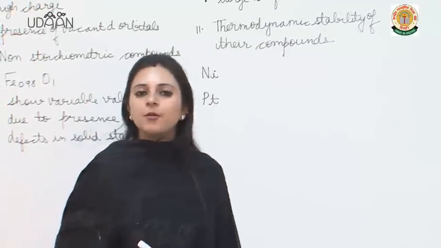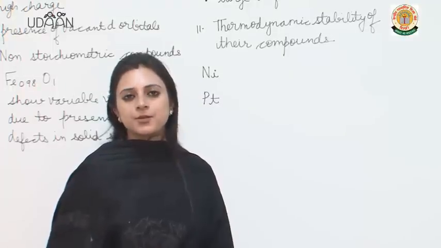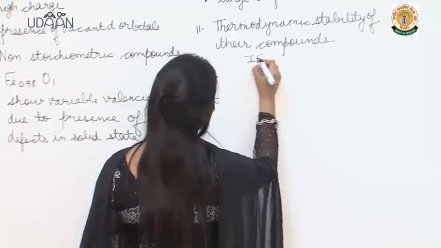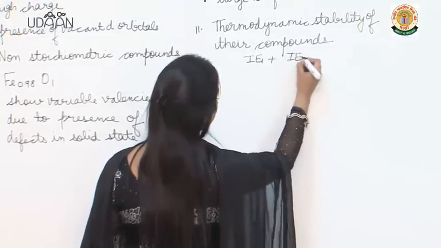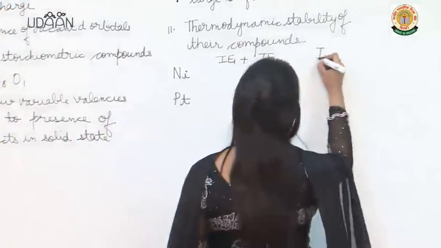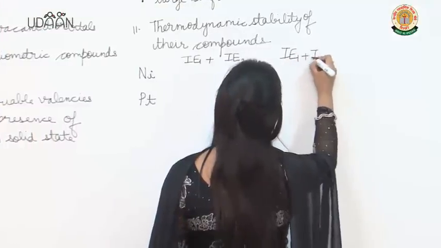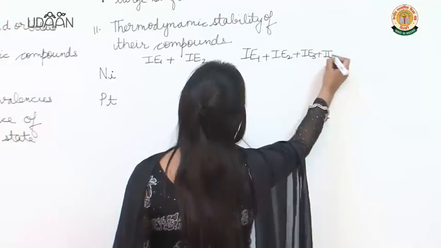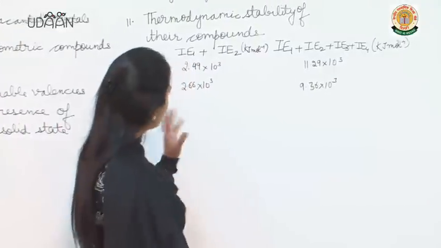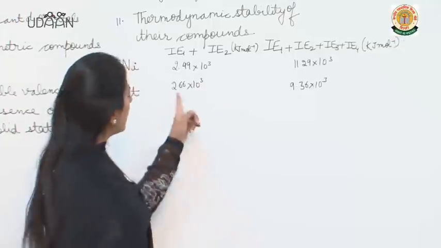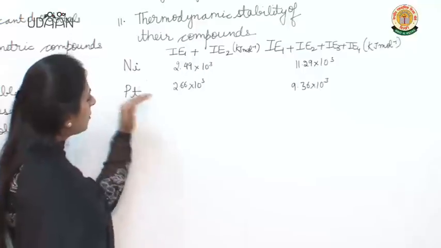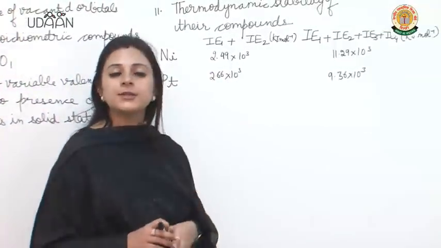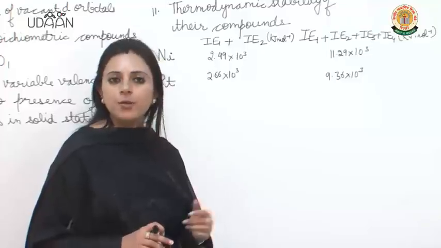Now the sum of ionization energies of nickel, that is if I talk about IE1 plus IE2 and if I talk about IE3 and IE4. Now let us look at the ionization enthalpy values IE1, IE2 for nickel. Now lower the value of ionization enthalpy, more would be the stability of the compound formed by that element.